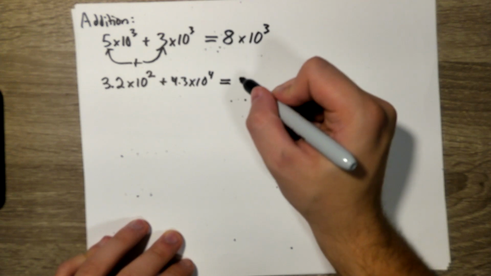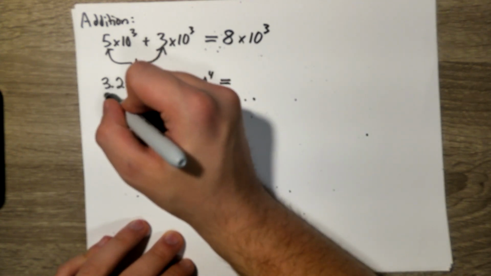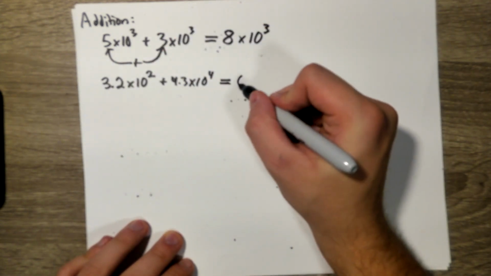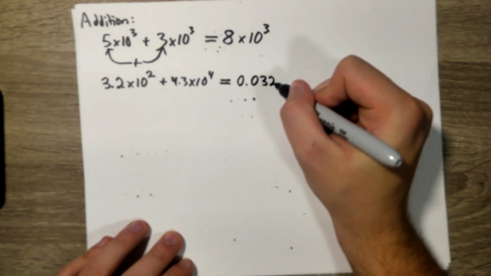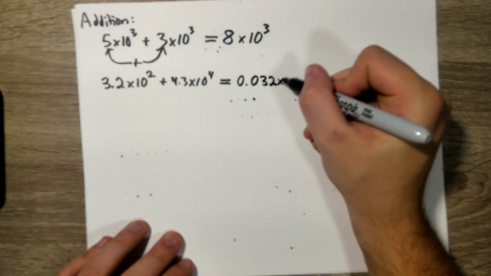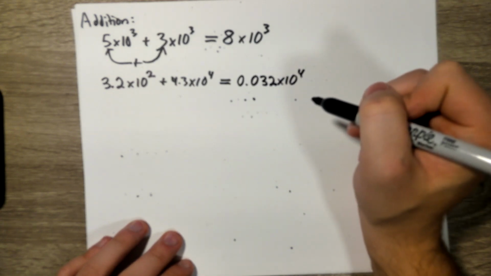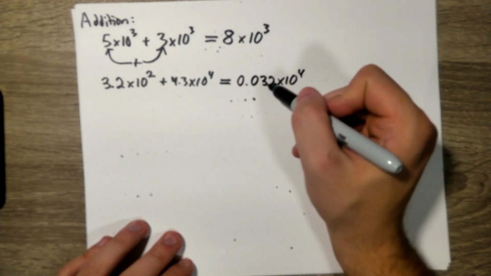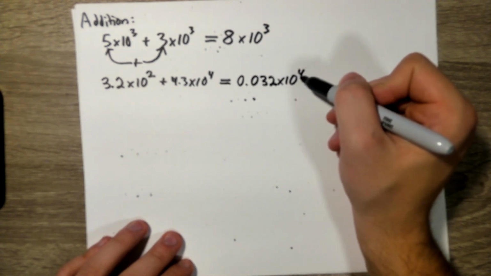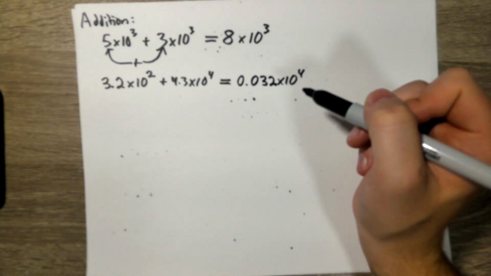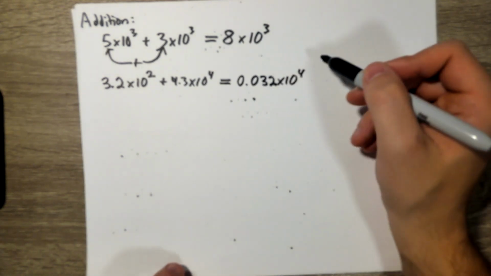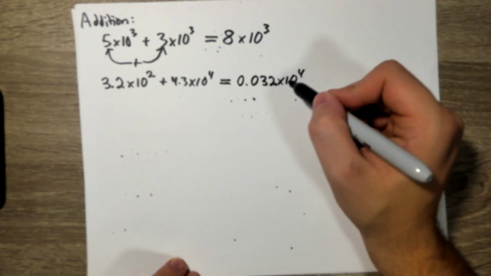In this case, we move it over 2 places, 0.032 times 10 to the 4, which is equivalent, because if you move it back you would subtract 2, like we did before on the last page, and that gives you 3.2 times 10 to the 2 again. So they're equivalent numbers.